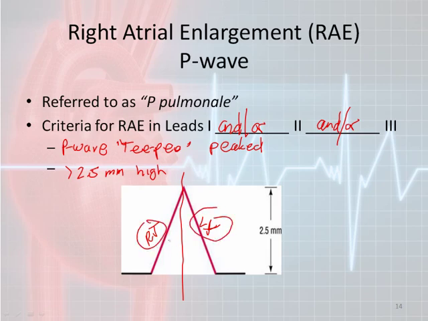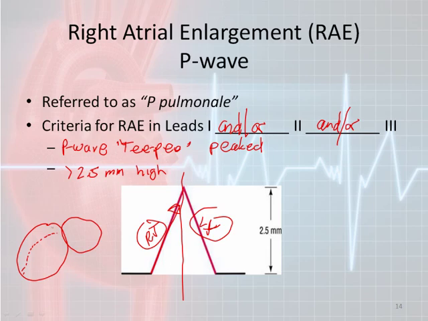The reason that you have this peaking of the P wave here is because the right atrium is going to be enlarged a little bit. So you're going to have a little bit larger of a right atrium than you are a left atrium. So what happens is the signal takes longer to travel through the right atrium, plus it's also larger, which is causing this huge upstroke of this P wave right here.